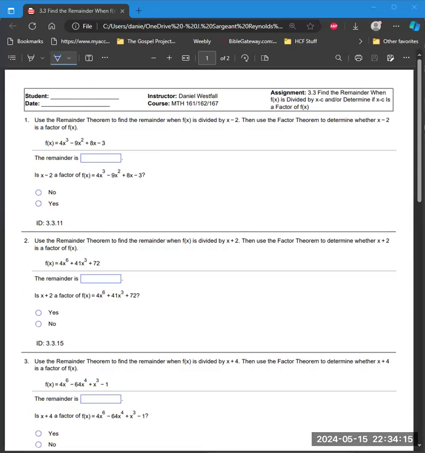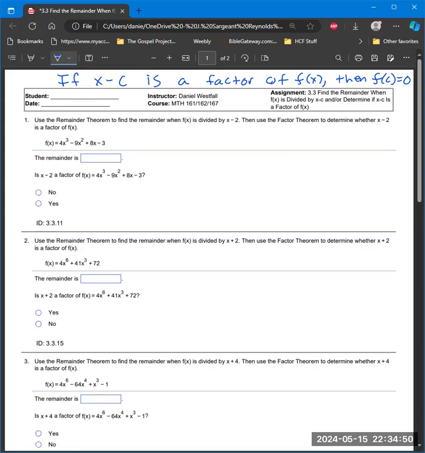In this video, we're going to find the remainder when f of x is divided by x minus c, or determine if x minus c is a factor of f of x. So I'm going to use the zero factor theorem that says if x minus c is a factor of f of x, then f of c equals 0.